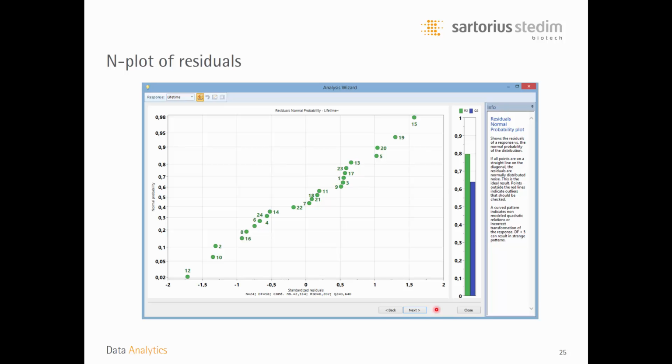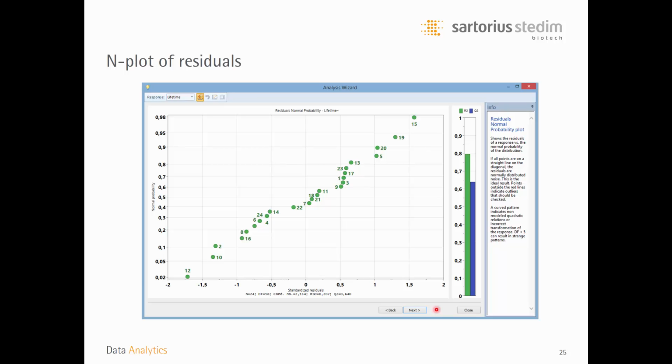Another quality check of the data and the model consists of making a normal probability plot of residuals. And without complicating things too much, you can say that what we are looking for here is that all the residual points neatly line up on a diagonal band like this.